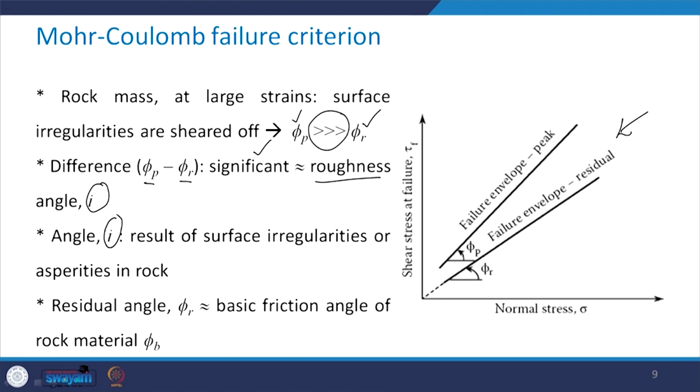This angle i is the result of surface irregularities or asperities in rock. When we discussed the classification of the jointed rocks or the rock mass, we had some discussion about this angle i. So, this is the same as what we discussed earlier. The residual angle will be approximately equal to the basic friction angle of the rock material, phi b. When I say rock material, I am referring to the intact rock.